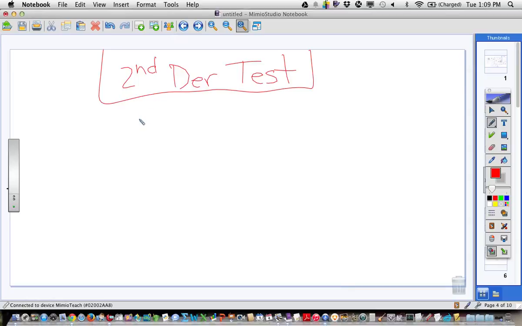The second derivative test says this. If x sub 0 is a stationary point of f, which of course we know means what? The derivative is 0. So we know we have a local max, local min, or a flat spot.